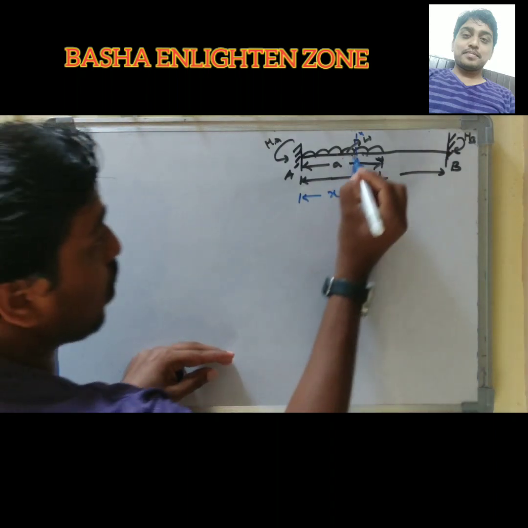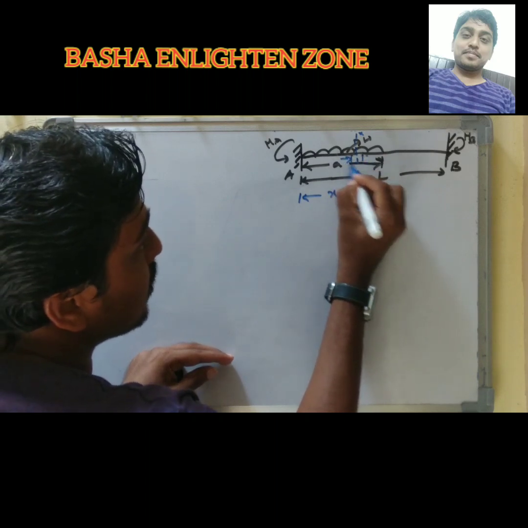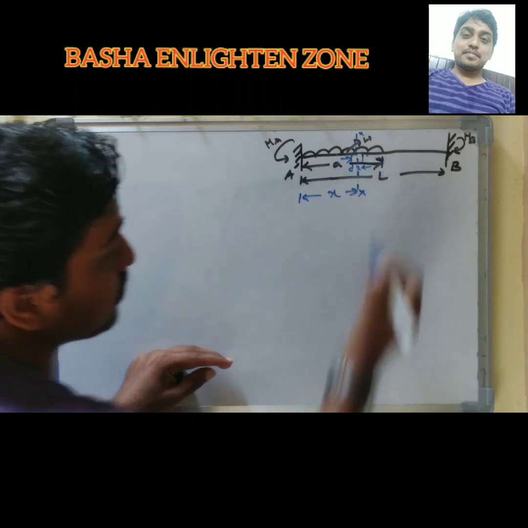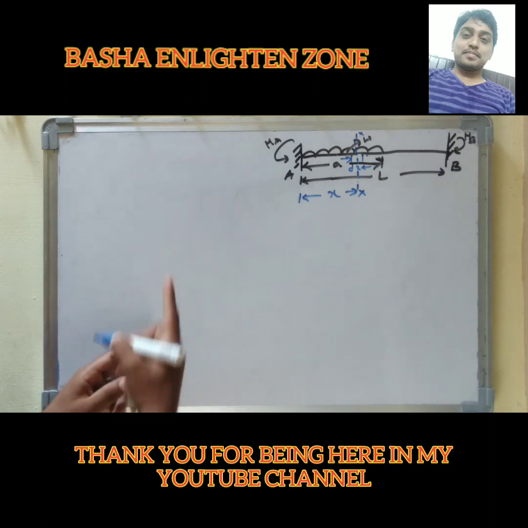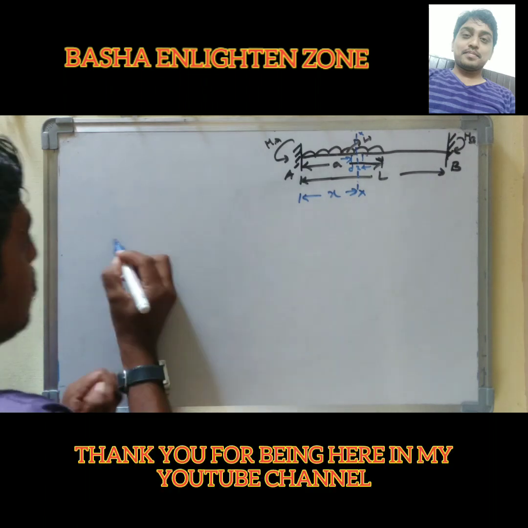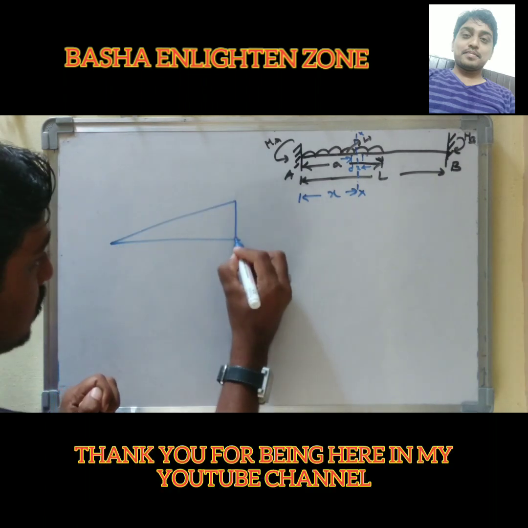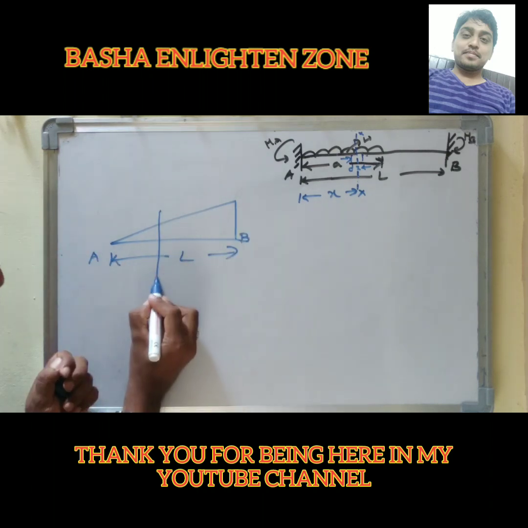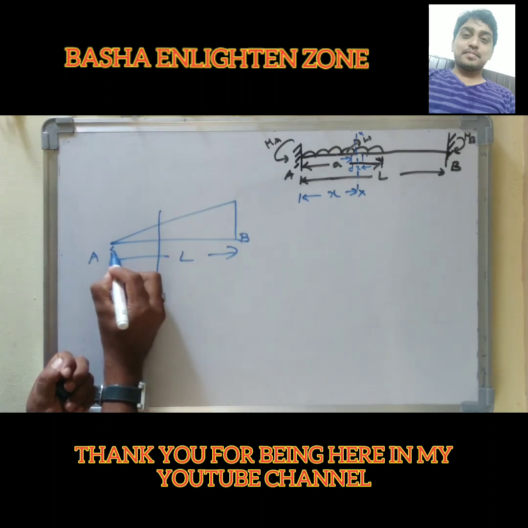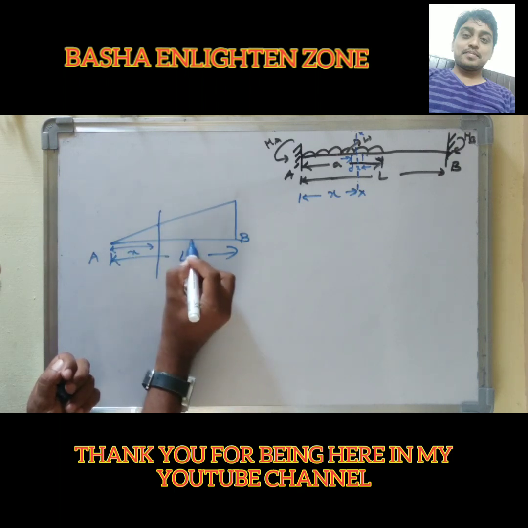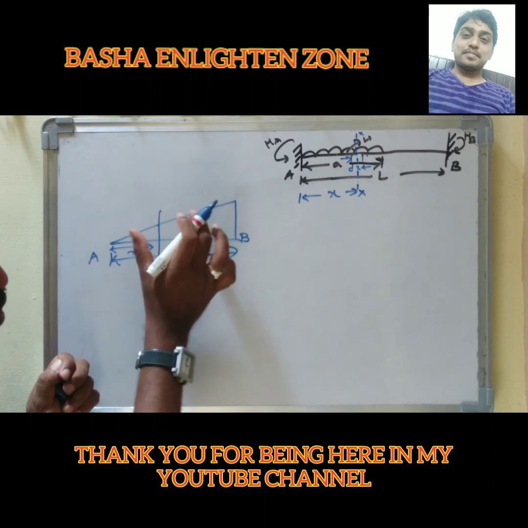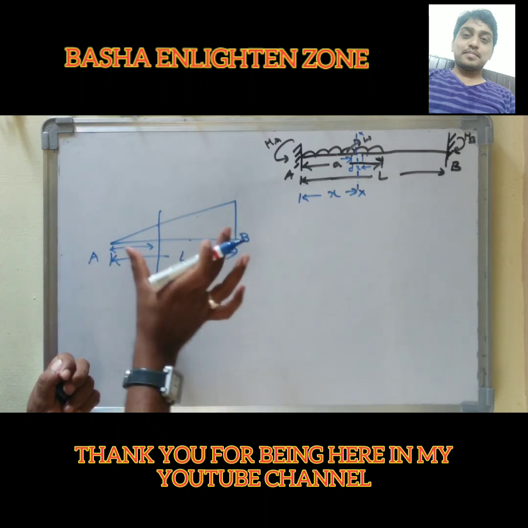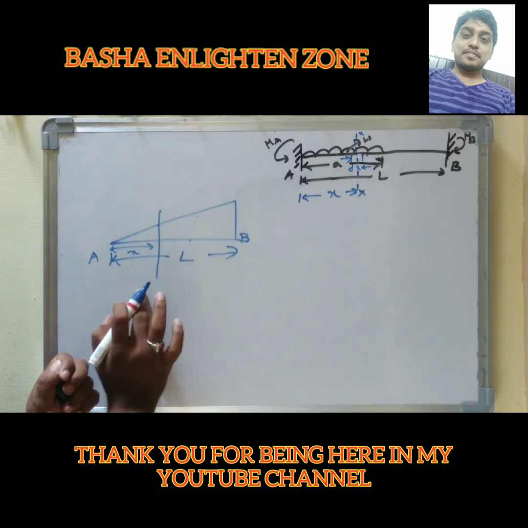So then what about the small elemental distance dx? See here in the uniform variation load, in the entire span of L, if you take some section x, the load will be Wx by L. For example, at section A, the intensity of load will be WA by L. Like that it varies in the uniform variation load.